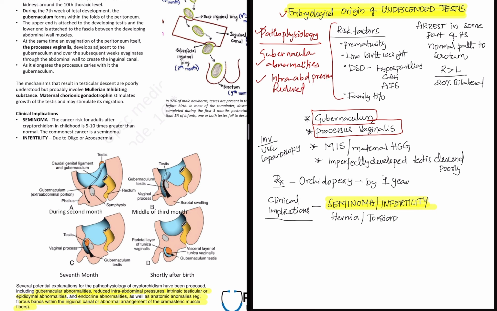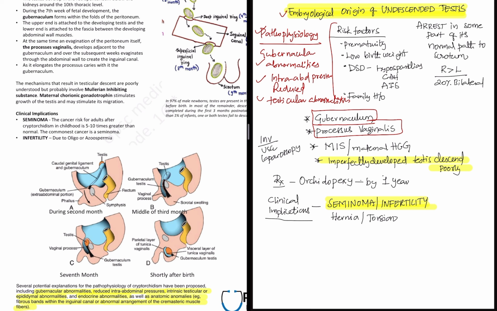Another pathophysiological factor: an imperfectly developed testis will not descend. This is the dictum. Imperfectly developed testes descend poorly. So any intrinsic testicular or epididymal abnormalities will cause failure of descent.